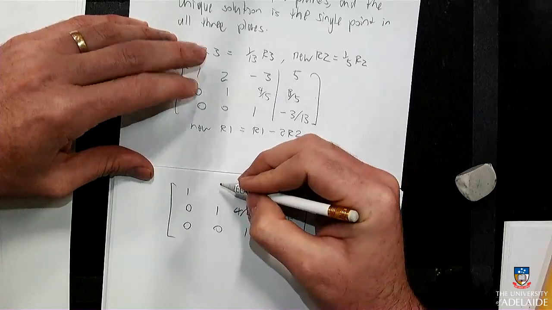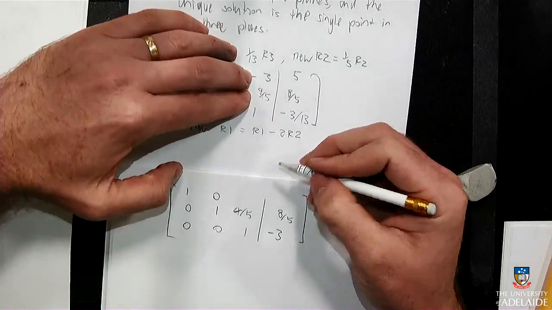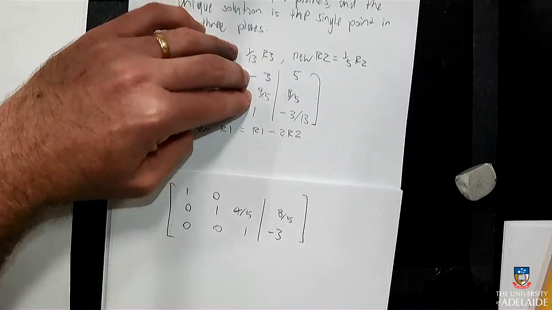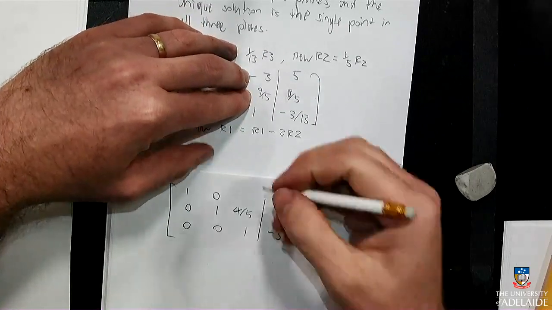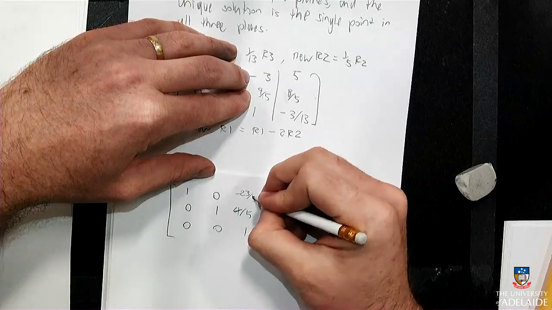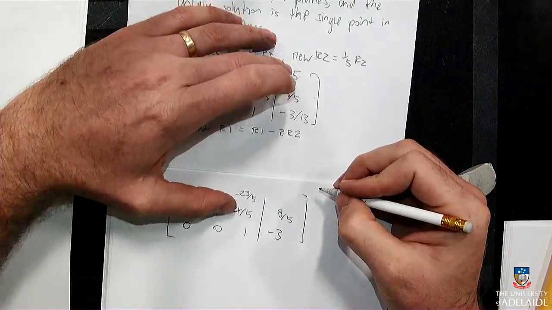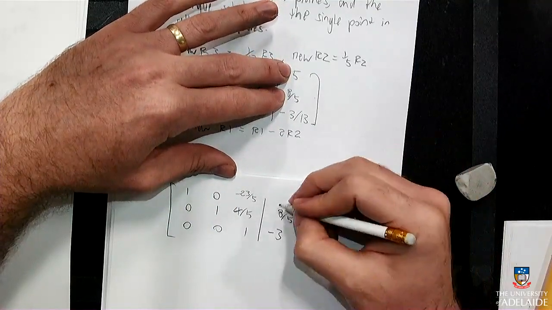This minus 2 of that is still 1. This minus 2 of that is 0, which was the point. This minus 2 of that, so minus 3 minus 8 fifths. 3 is 15 fifths, so that's minus 23 over 5. And 5 minus 16 fifths, 25 fifths minus 16 fifths would be 9 fifths.